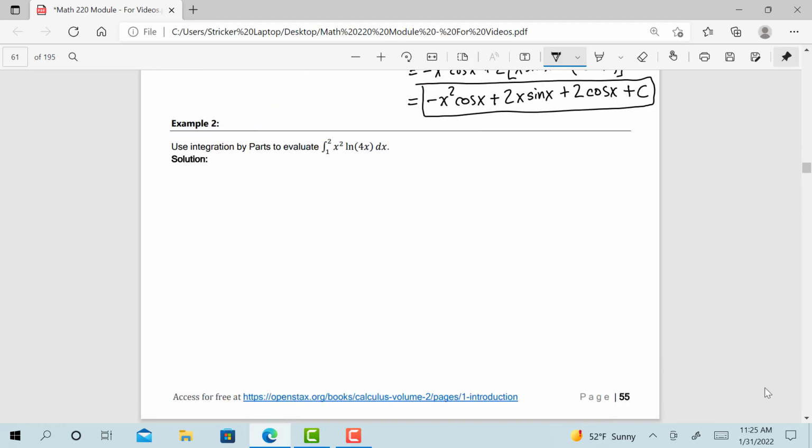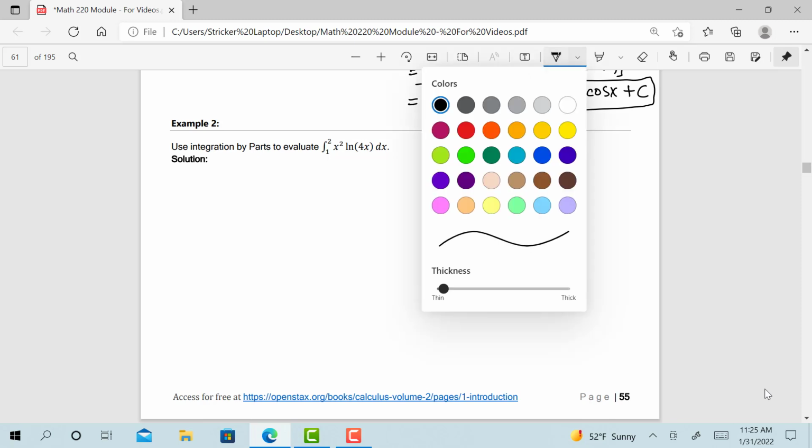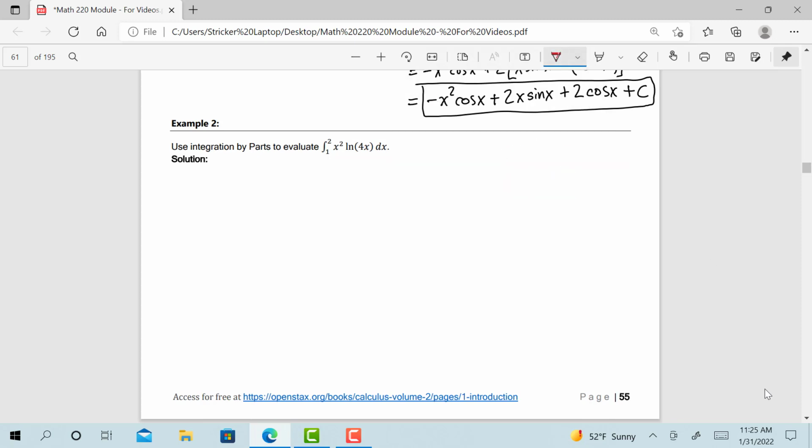So if we look at example 2, what are we going to pick for u? We have 2 types of functions. What are these types of functions we're dealing with here? So we have a polynomial function and a log function.